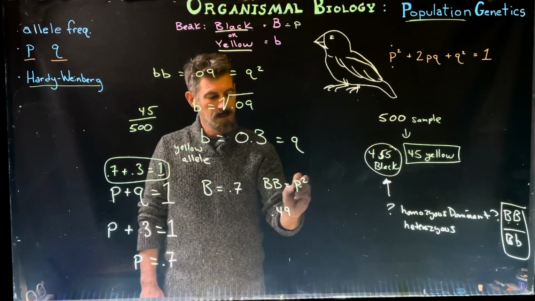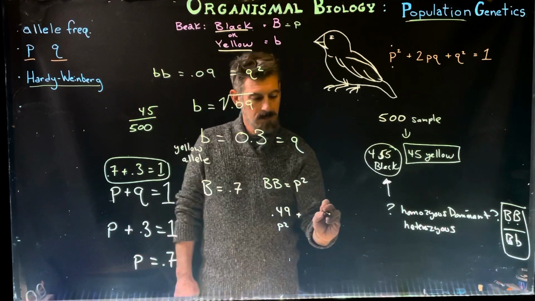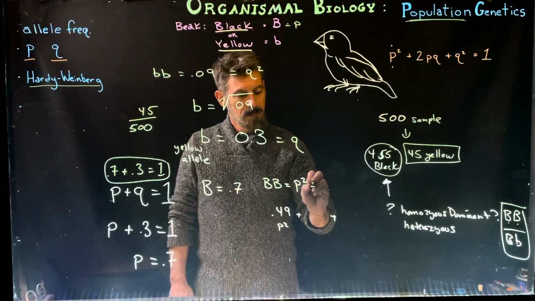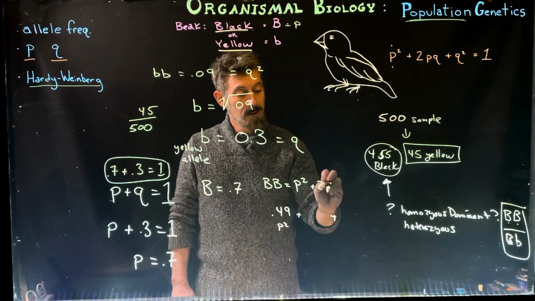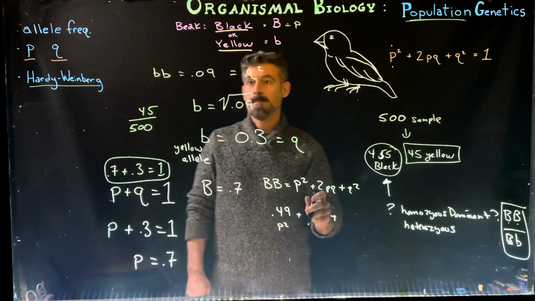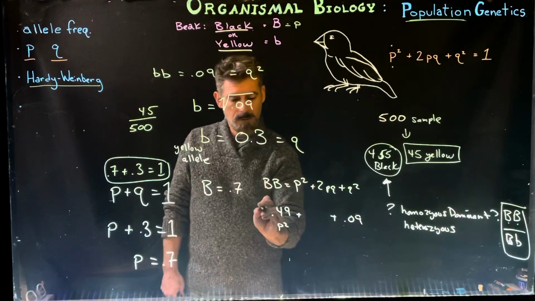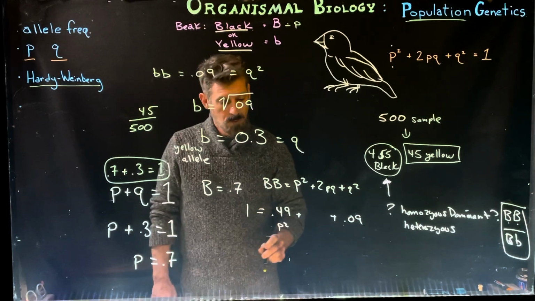So that's our p squared. Plus p squared plus 2pq plus q squared. Well, we already know q squared is 0.09. If you remember, this whole thing has to equal 1.